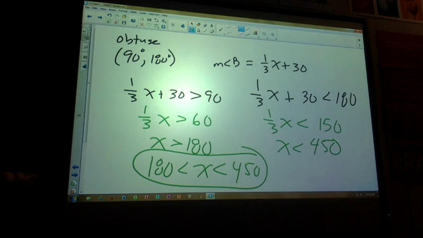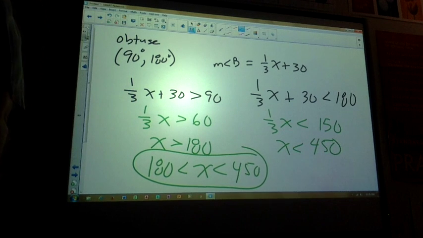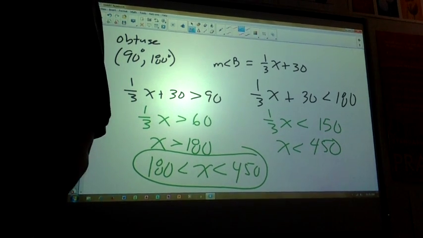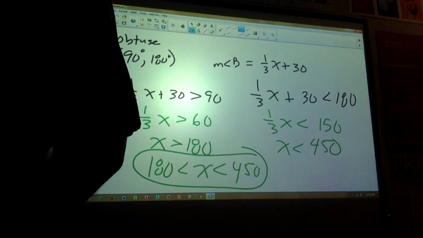Everybody okay? Yeah. How do you do number 3? Number 3? Oh no, I haven't done it yet, but I will. Number 3. If EBF is 20 degrees and BD bisects EBC, find the measure of each angle. Okay.